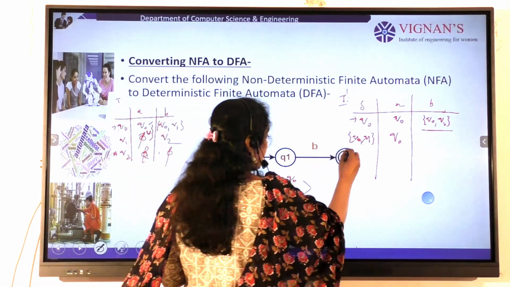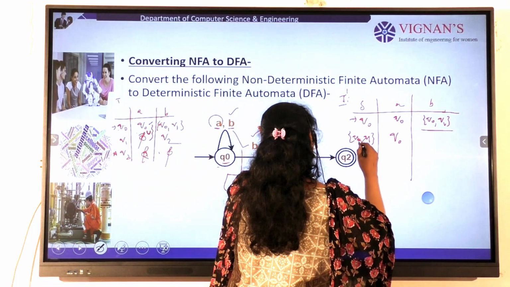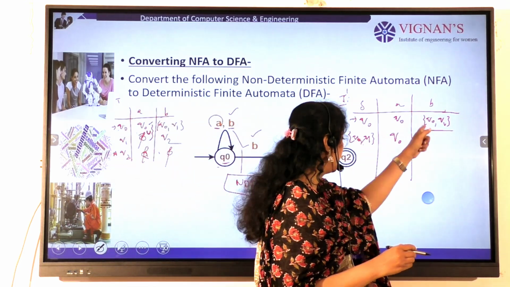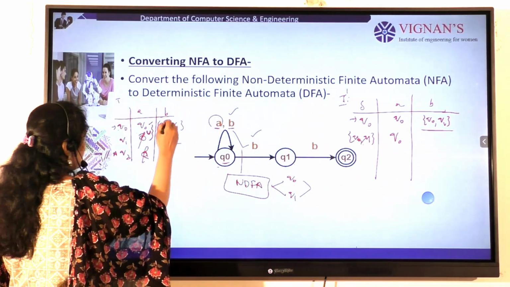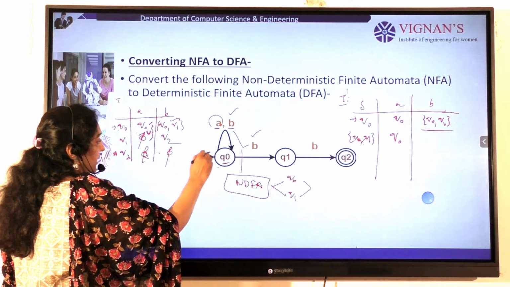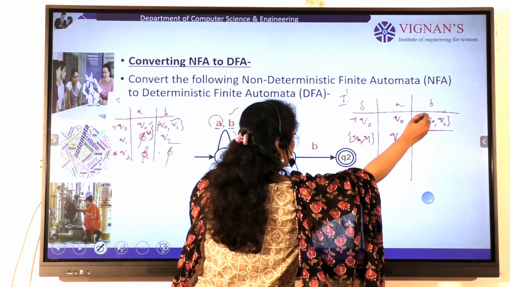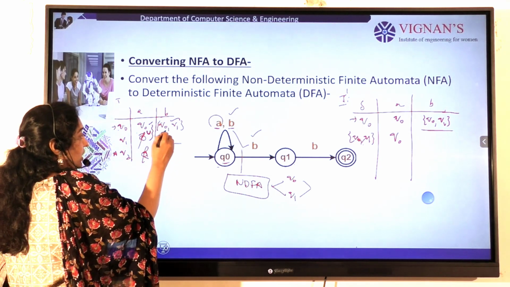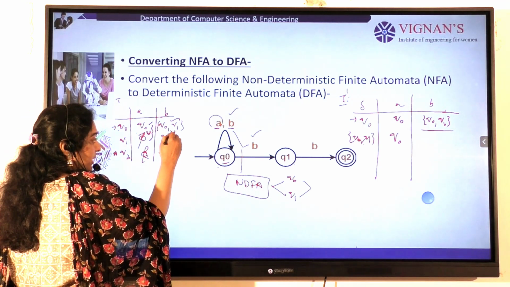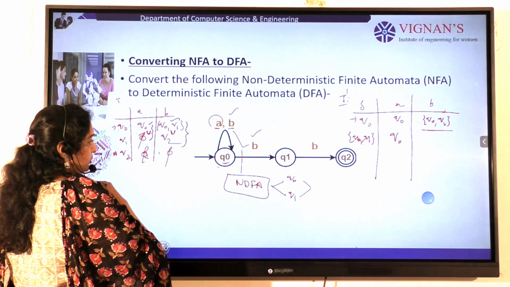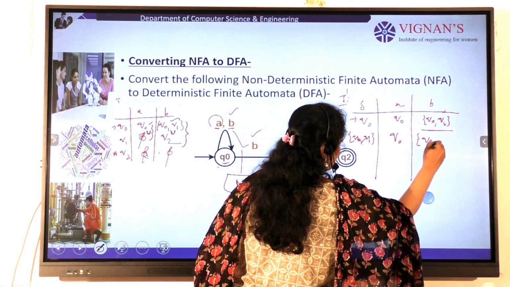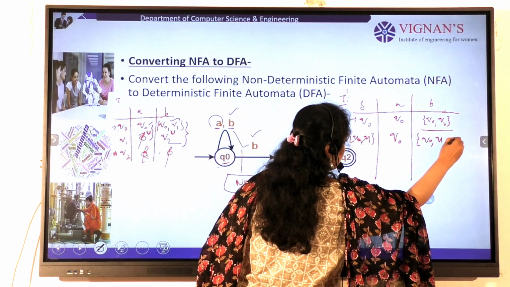Similarly, we need to write what the new state Q0 Q1 gives by reading the input symbol B. Q0 by reading input symbol B gives Q0 Q1, whereas Q1 by reading input symbol B gives Q2. Now we need to perform union for these two entries. So the final state is Q0 Q1 Q2.